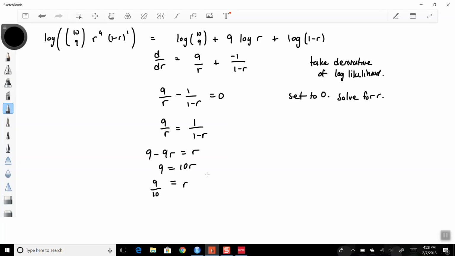Okay, for some reason I just got stuck for a second. All right, so we get r is equal to 0.9. And that makes sense, all right? So the maximum occurs, so the likelihood is maximized when r equals 0.9.